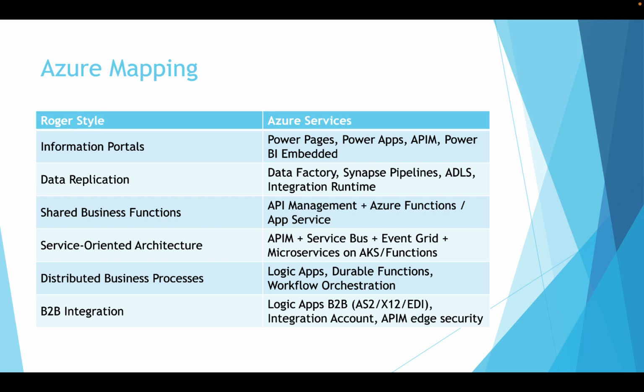If they want to talk to us, then we need to have APIM as a front service, which will look at the security and all those things. So it says APIM edge security. APIM serves this because we have policies in API management. We can have a JWT token, and we can also use VNet to secure our services. So that's all from the style point of view.